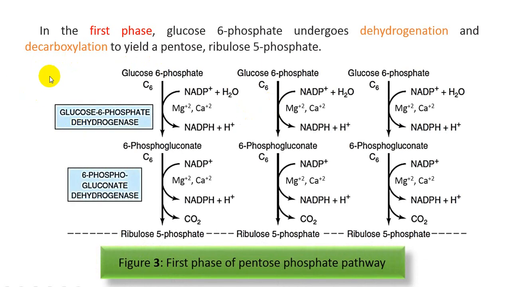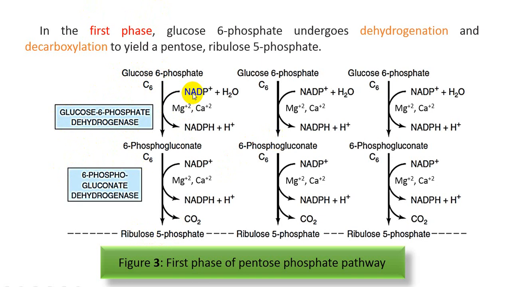Now, have a look at this diagram. We've got 3 molecules of glucose 6-phosphate. In the presence of glucose 6-phosphate dehydrogenase, this is our enzyme to convert glucose 6-phosphate to ribulose 5-phosphate.